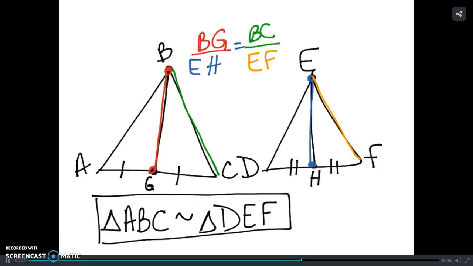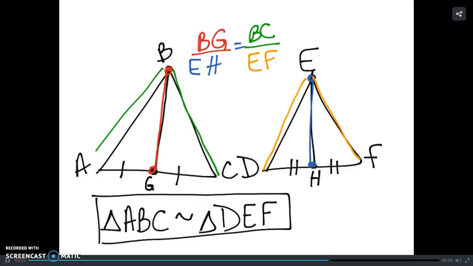And again, you could have also had BG over EH is equal to BA over ED. Right? That would be the same thing. So it doesn't matter which of the sides, it just has to be one of those sides. And they have to be paired up with a corresponding side on the other triangle. Okay? So that's going to be really helpful because they're going to give us measurements for these different line segments, lengths. And so then we can solve for other lengths when we need them.